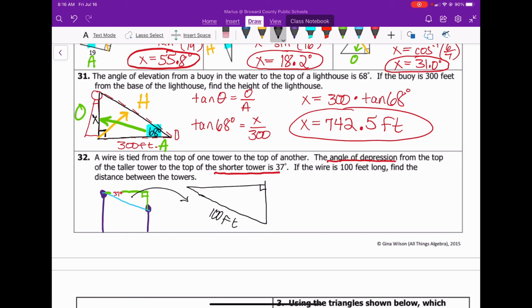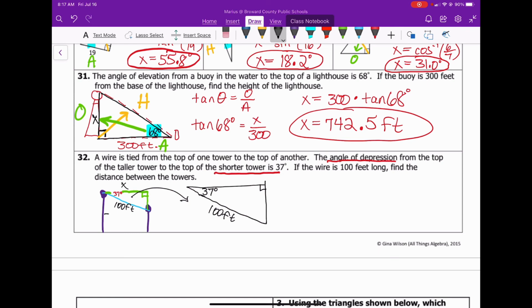Once again, the wire is 100 feet long, and I can put that over here, 100 feet. Remember, this is 37 degrees that they gave us, and they want us to find the distance between the two towers. So the distance that we're looking for is x, right?